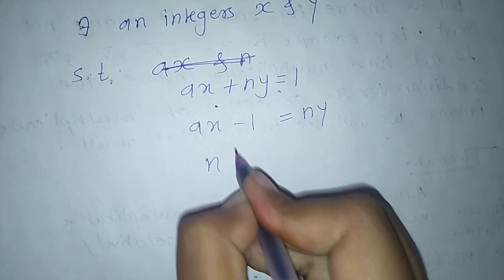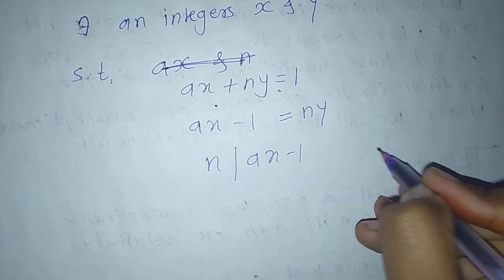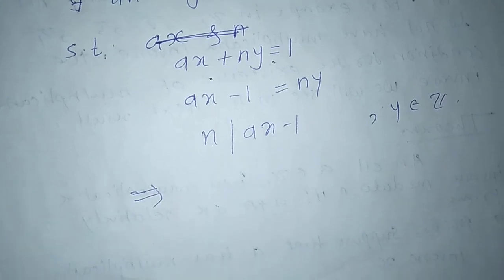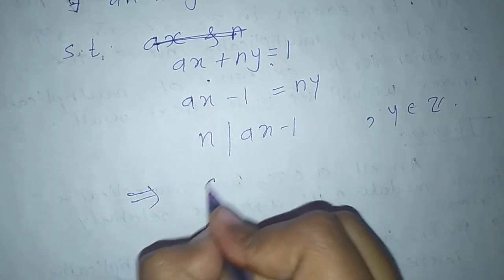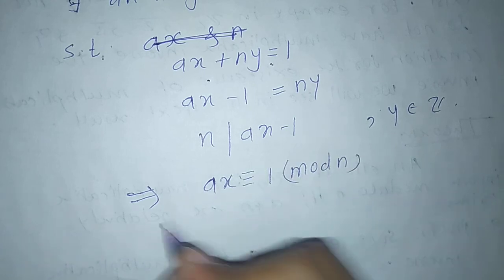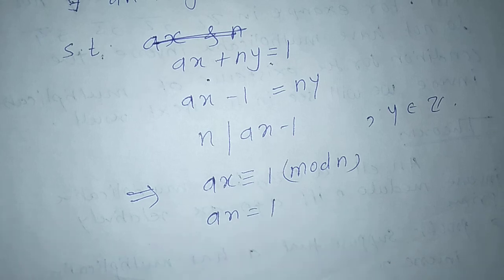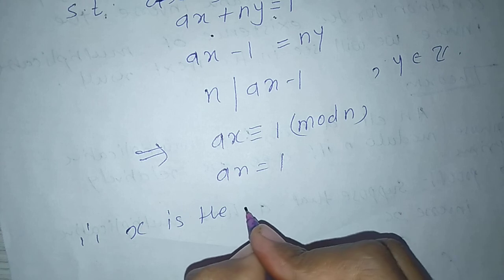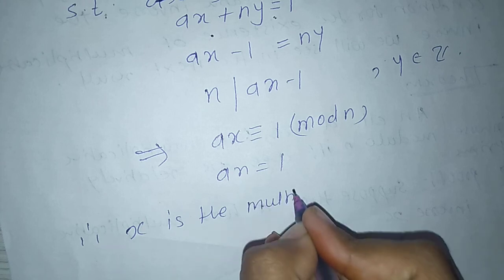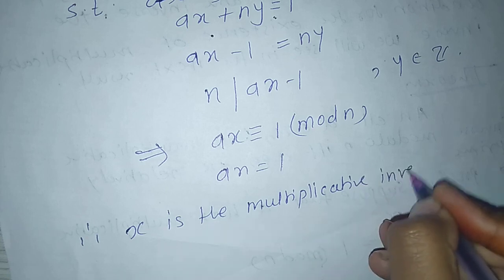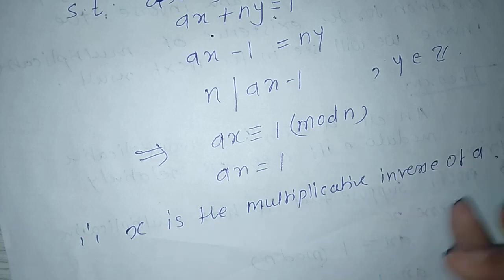We get n divides a into x minus 1, where y is an integer, which implies by the definition of congruence we get a into x is congruent to 1 modulo n, means a into x equal to 1. Therefore, we get x is the multiplicative inverse of a. Here we stop.